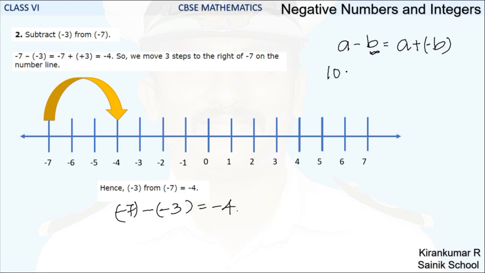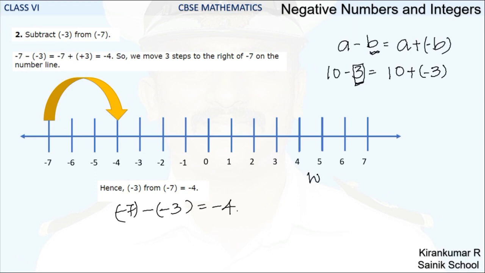Suppose 10 minus 3 is there. Instead of doing subtraction, we add by changing the sign of this integer. This +3 becomes -3. So the working rule is to change the sign of the subtrahend and add by the rule of adding integers.